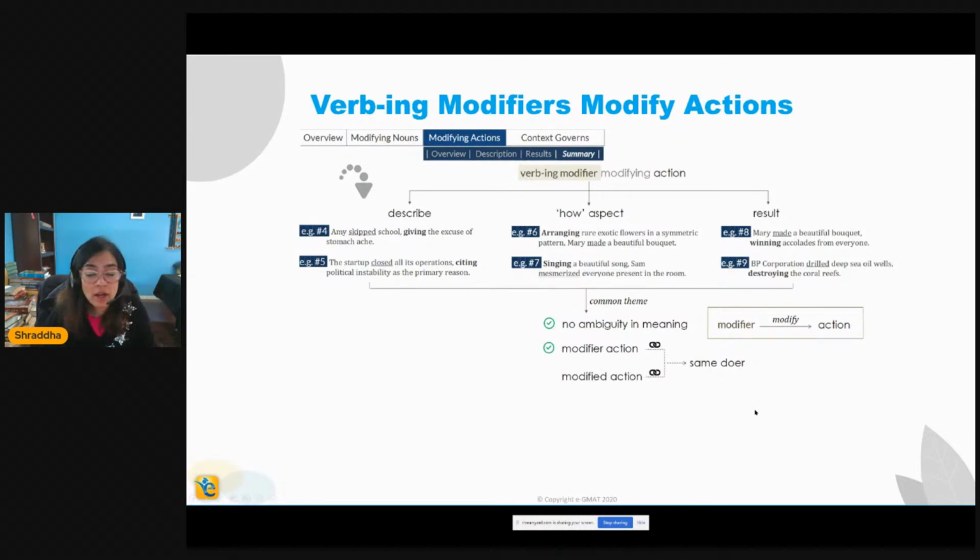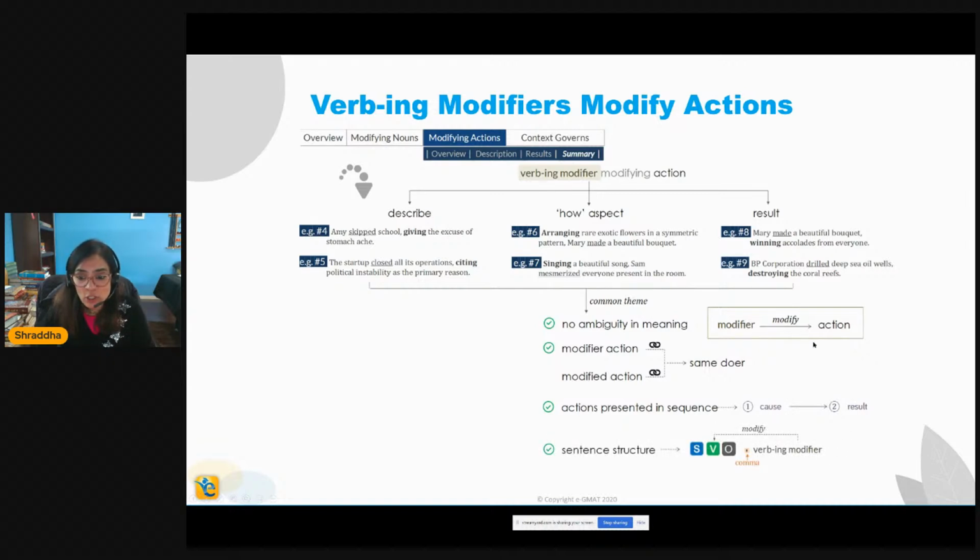And yes, there are official sentences that actually test your knowledge in that, so we have to be very, very careful about that. Next, actions presented in sequence, cause and effect. I just spoke about the structure: the modified action and then the comma plus verb-ing modifier.